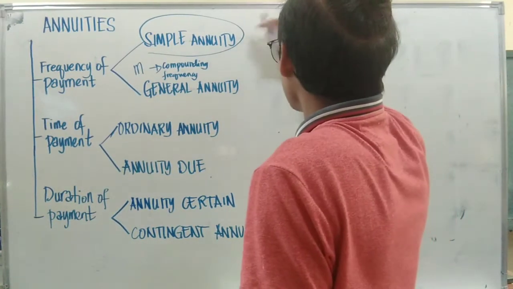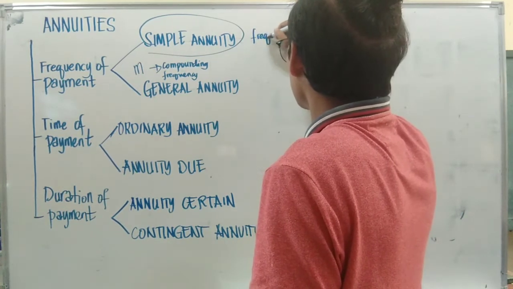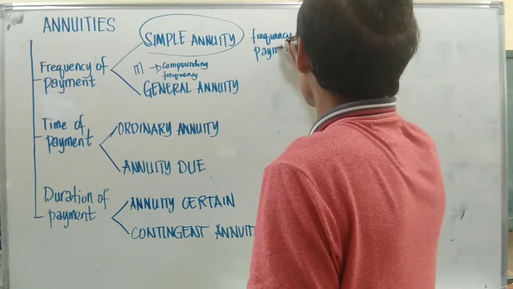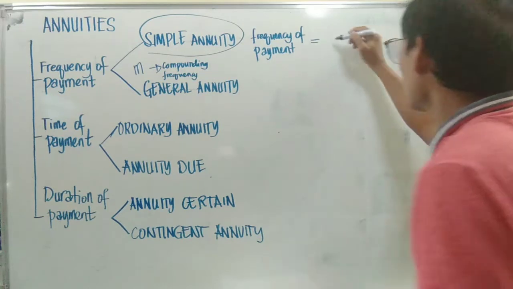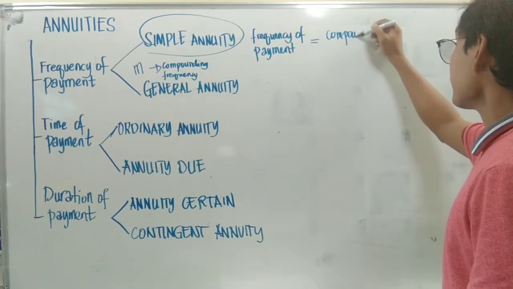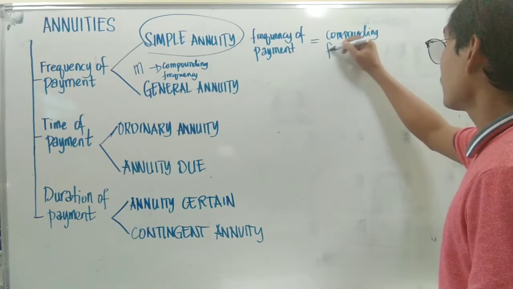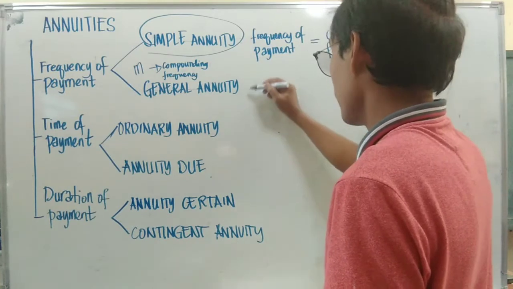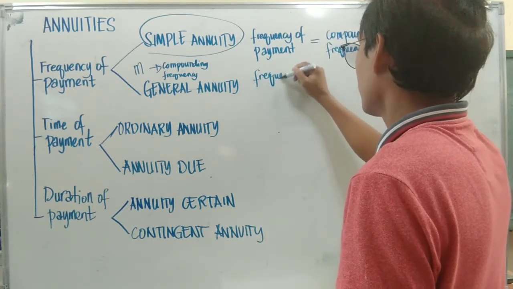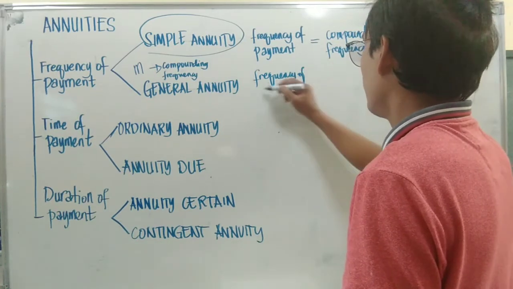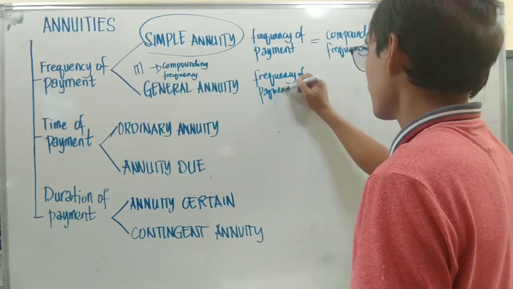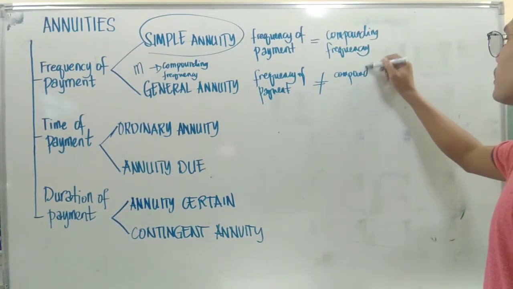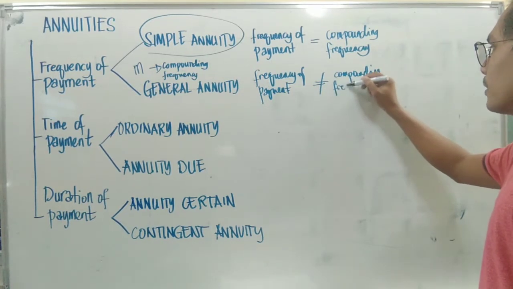So on simple annuity, frequency of payment is equal to compounding frequency. And on your general annuity, frequency of payment is not equal to the compounding frequency.